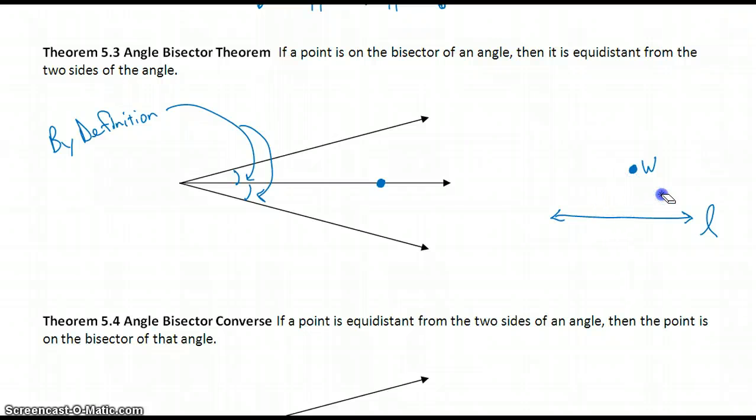To get that shortest distance, I'm going to start at this point and go to my line and make a perpendicular segment. So to measure the distance from this point to this line, I need to come up with a perpendicular line that hits this point. So I want to draw in a segment that is perpendicular to this side and perpendicular to this side.